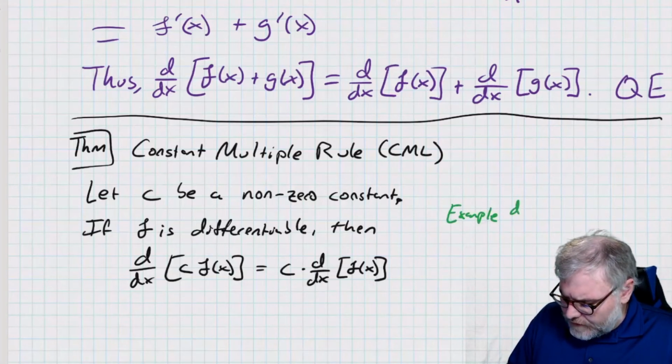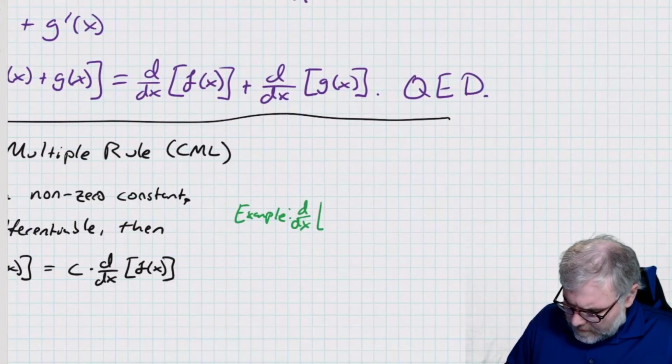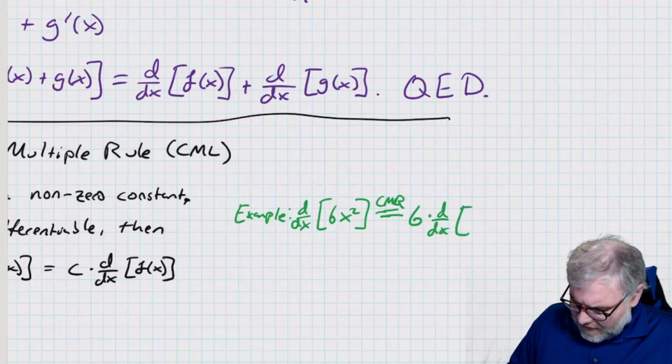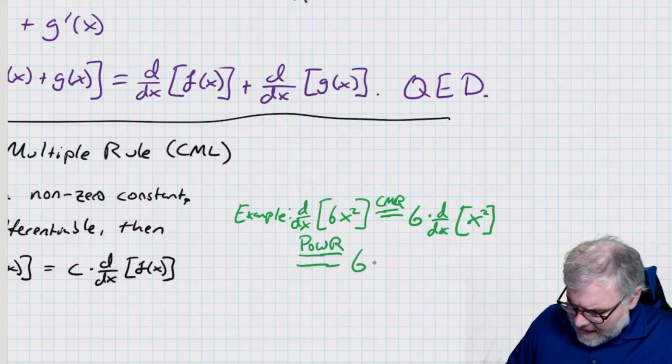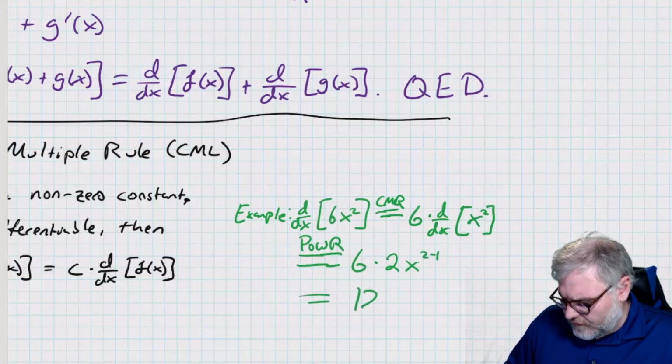The derivative with respect to x of 6x squared is going to equal 6 times the derivative with respect to x of x squared, which is going to equal, now I'm going to use the power rule, 6 times this derivative here, which is 2x to the 2 minus 1, and then I'm going to simplify as just 12x.